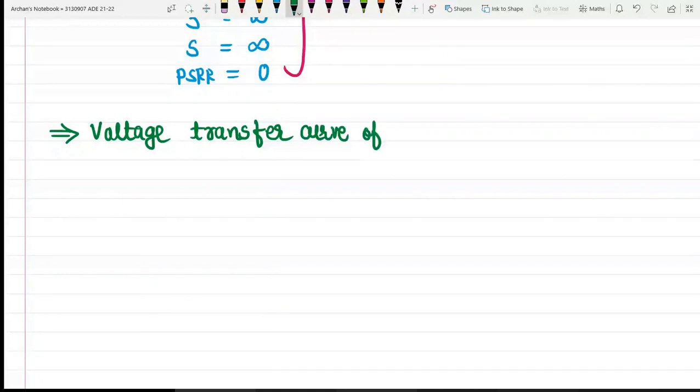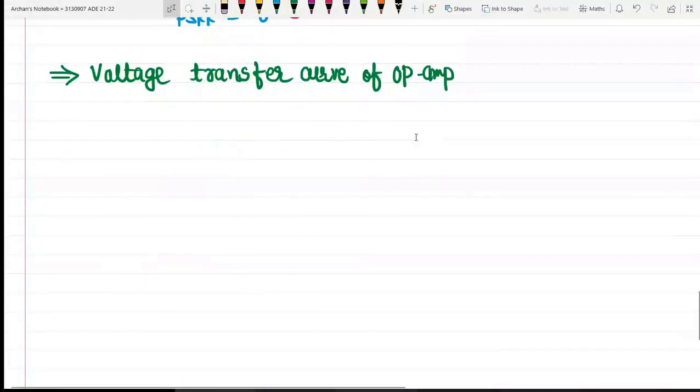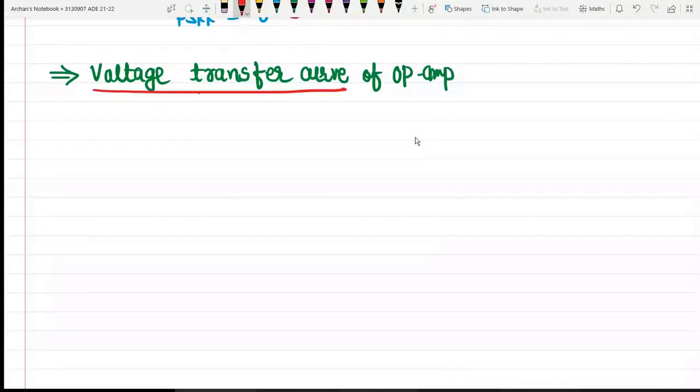Okay, so first we will consider the ideal operational amplifier, and then we will move on to the practical operational amplifier. If we talk about the voltage transfer curve, what is it?